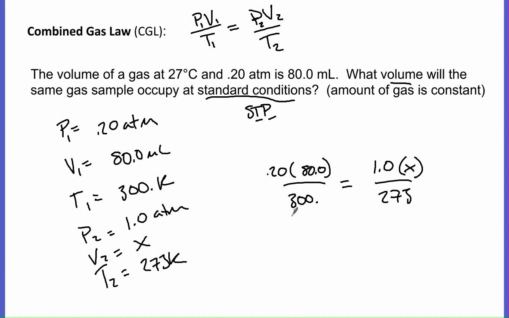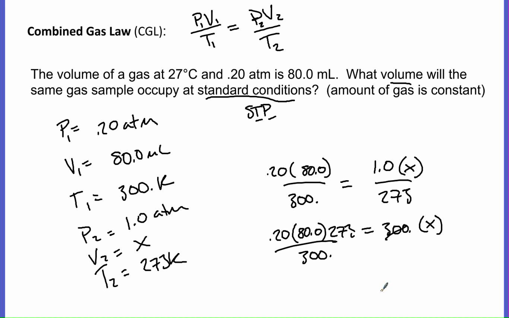So I would just cross multiply to make this work, right? You can do your 0.20 times 80 times 273 equals 300 times 1, which is just 300, so 300x. Then you'd actually divide that 300 back over, so you can leave it there initially too if you understand how that works.